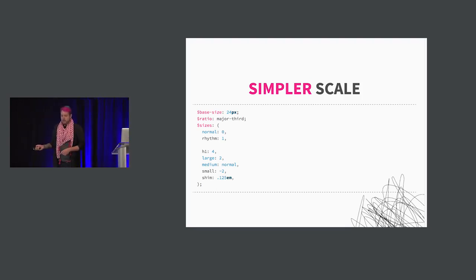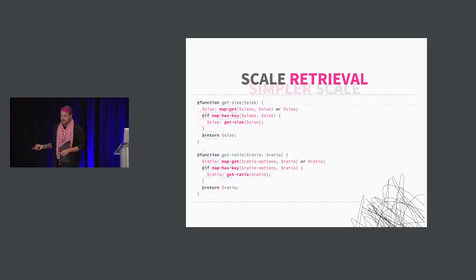Again, we're going to have this problem. Oh, no, we don't have the problem here, because we can do a get size that just checks the map and returns a size, and we can do a get ratio that checks the ratio map and returns what the ratio should be.